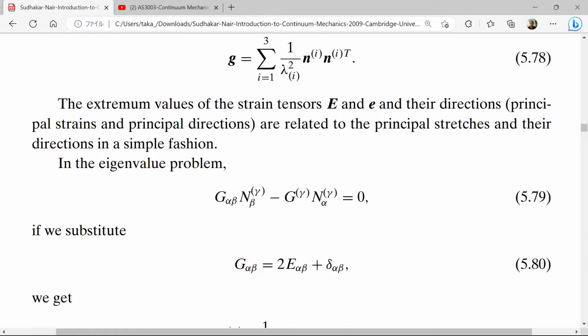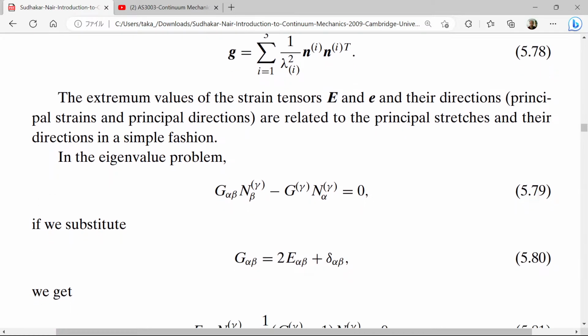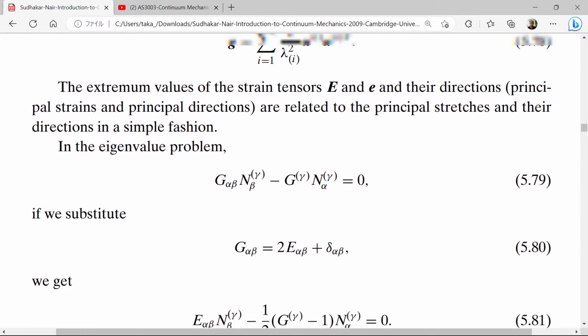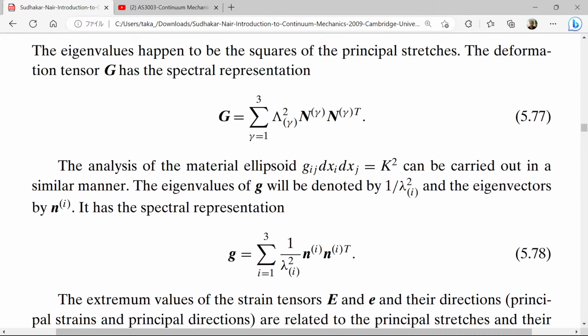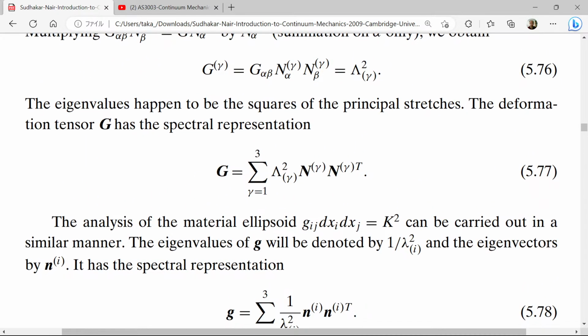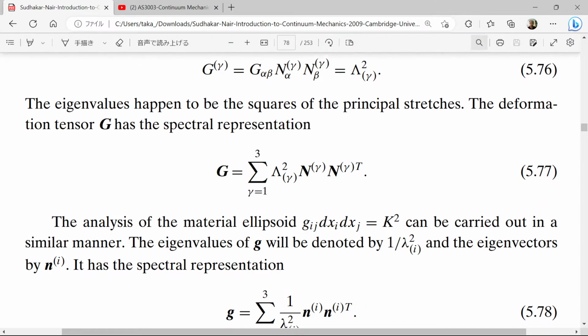In the eigenvalue problem, something equals 0, this is just the same eigenvalue. Okay, I skipped it. The analysis, sorry, we start from here.